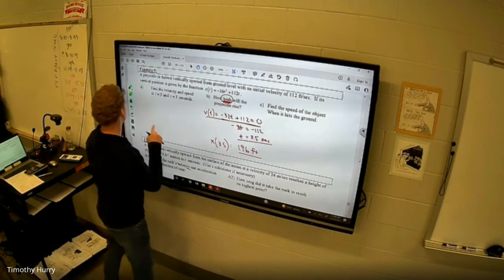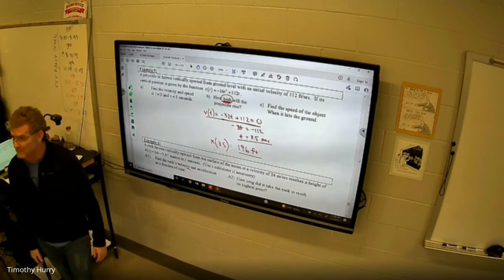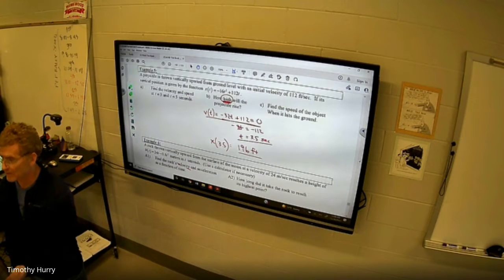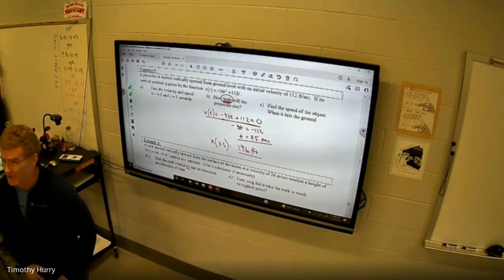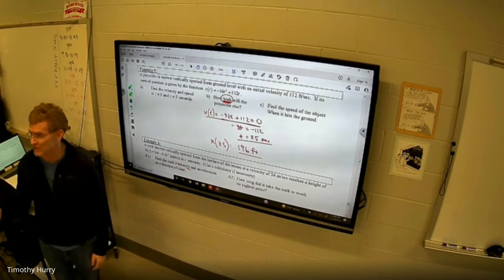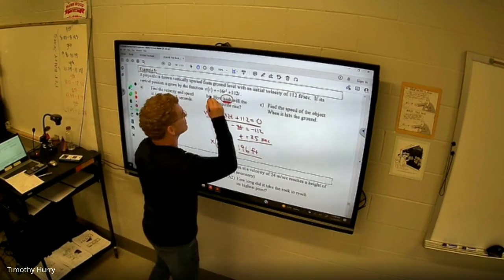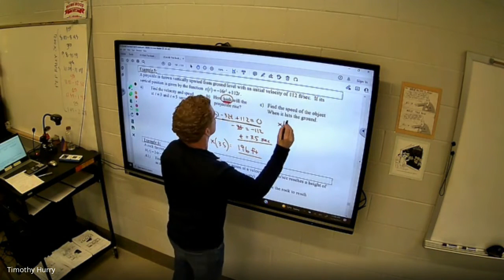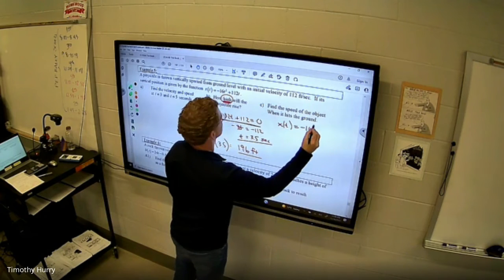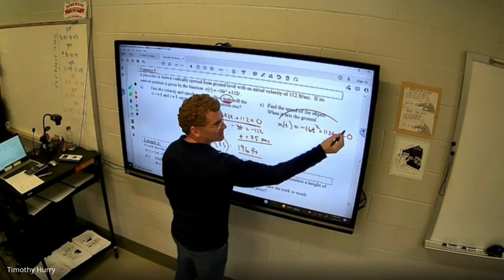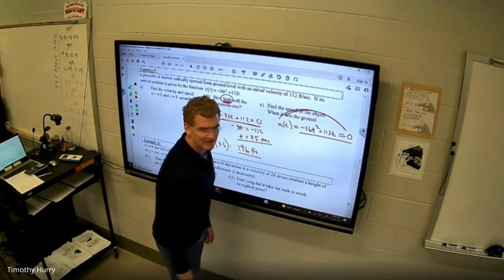So right here, what do I know about it hitting the ground? I know one thing: the position is 0. I don't know how fast it's going. I know the acceleration, but I'm not even dealing with the acceleration equation. So I take the position function and set it equal to 0. At some point I'm going to have to write that down.